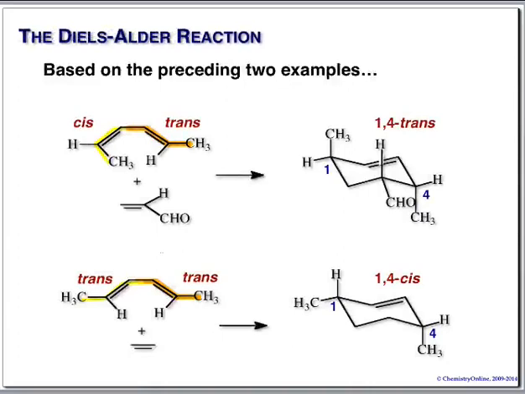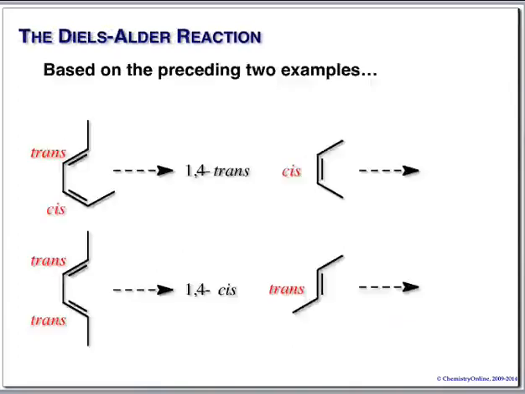The rule simply says the same thing we did here. That is, cis trans, cis; trans, trans, cis. Remember, the stereochemistry of our dienophile is always preserved. These two, cis would give cis, trans would give trans.